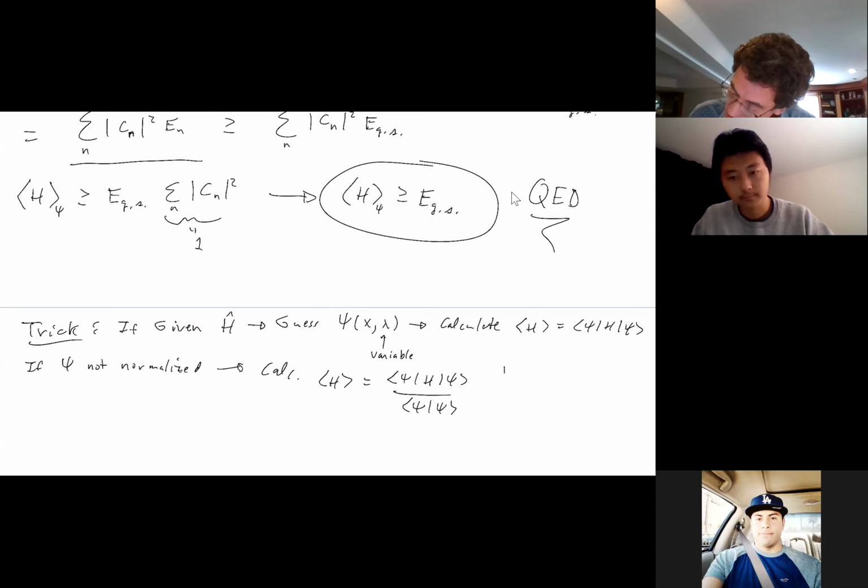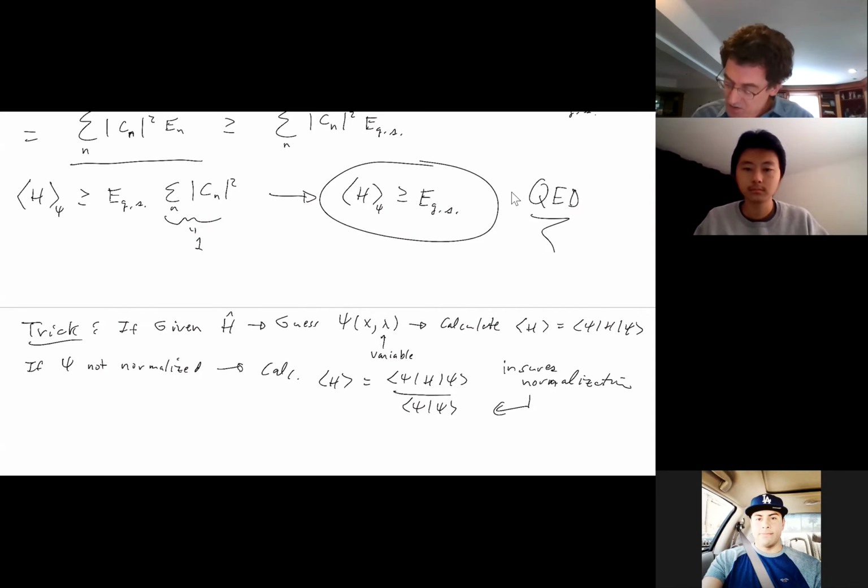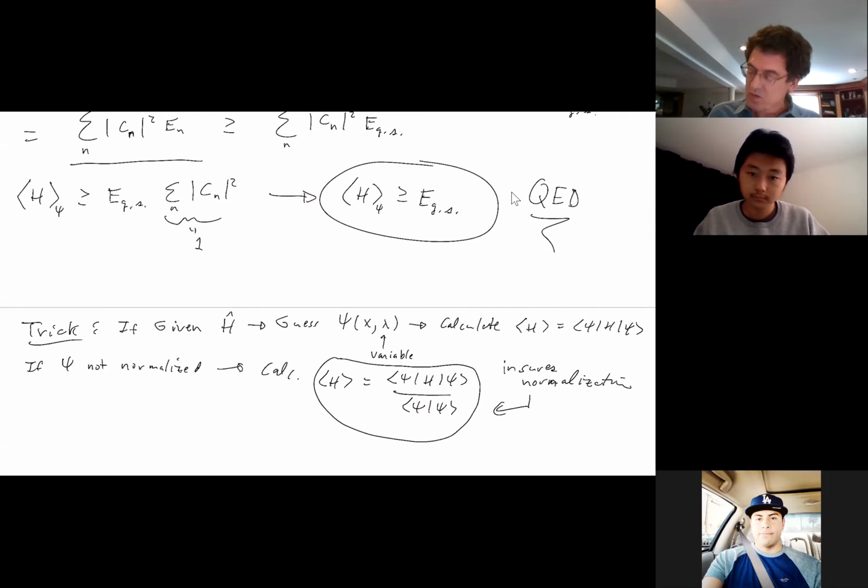So this ensures the normalization. You often will see it written like this, because this is what works if your psi is not initially normalized, and this automatically normalizes everything.